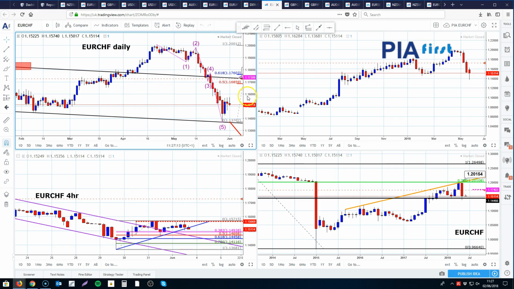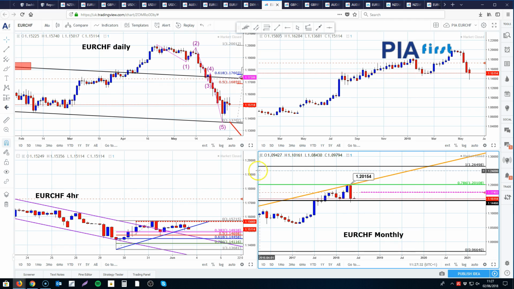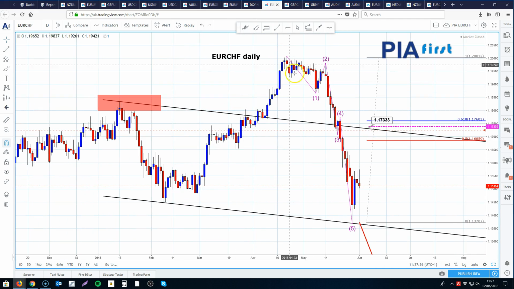So the monthly chart highlights a bearish outside, well, sorry, not a bearish outside candle. It highlights a strong sell-off that offers a Marubozu, which is the midpoint from open and close, around 117.40. Now, if we go to the daily chart, here we can see 5 waves completed to the downside.